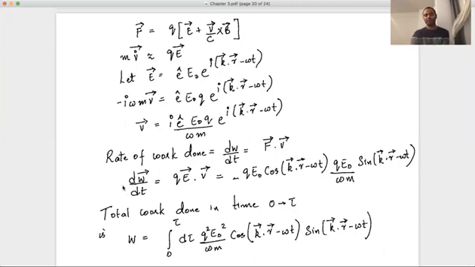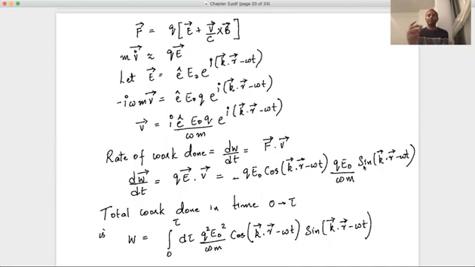Because if I now take the average of this quantity and call it total work done, this is the rate at which work is done. So I'm going to integrate over time, accumulate that rate over time and call it the total work done in one cycle of the electromagnetic wave. So you get cos times sine. And if I integrate cosine times sine over one full cycle, you're going to get zero.